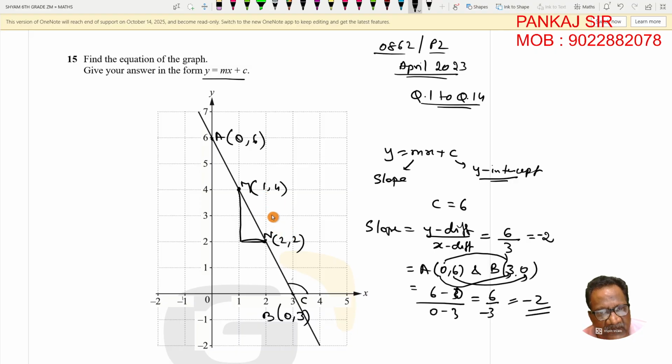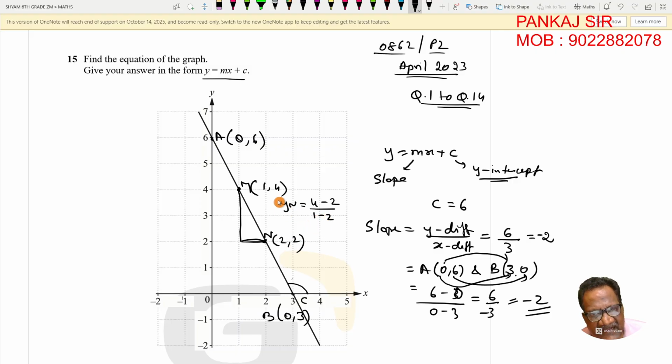Now the y difference upon x difference: the y difference is 4 minus 2, divided by the x difference. I have to start from the same point. Don't take 2 minus 1, that will be wrong. You take 1 minus 2.